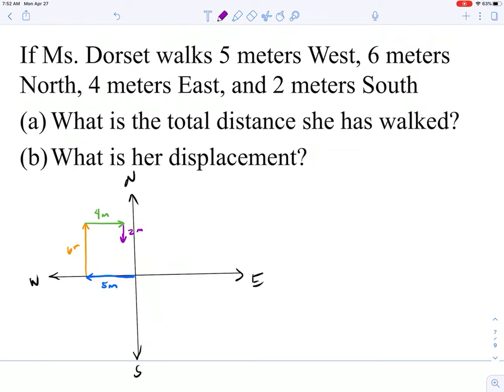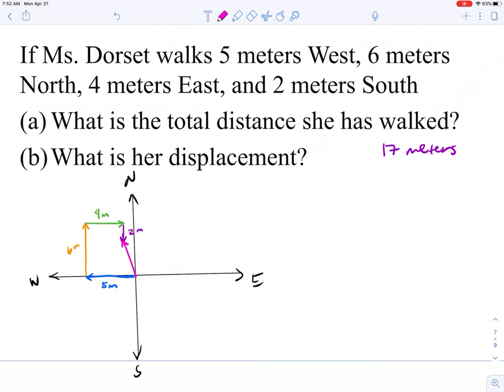So distance traveled, we could just add up each of those distances. So 5 plus 6 plus 4 plus 2 gives me 17 meters. So 17 meters would be the total distance traveled.